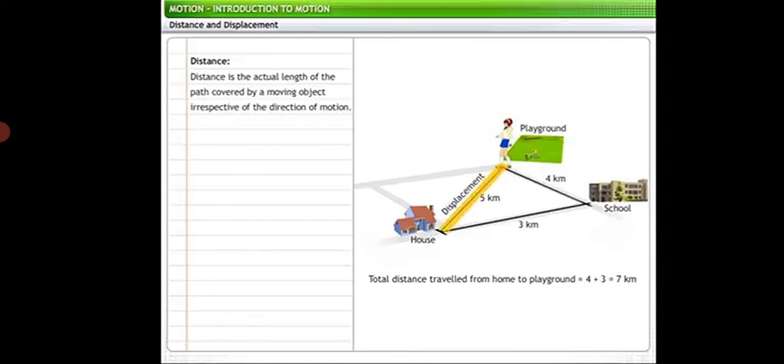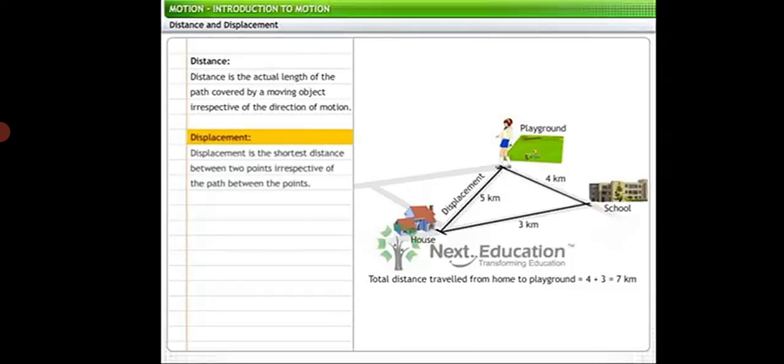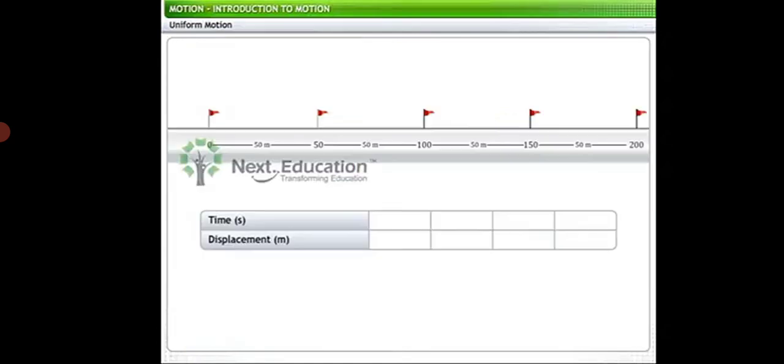Therefore, Mary's displacement from home to the playground is 5 kilometers, as against the distance covered by Mary in reaching the playground, which was 7 kilometers. Displacement is the shortest distance between two points, irrespective of the path between the points.